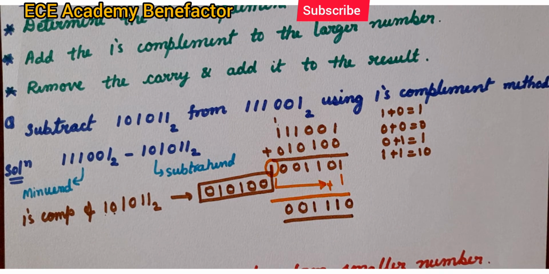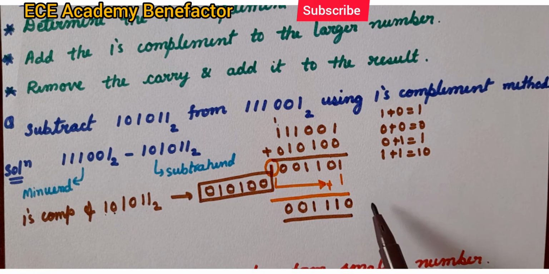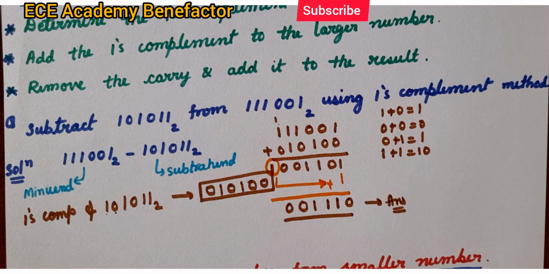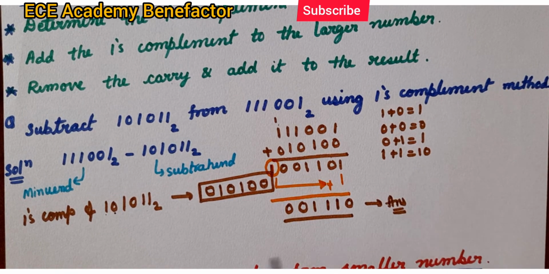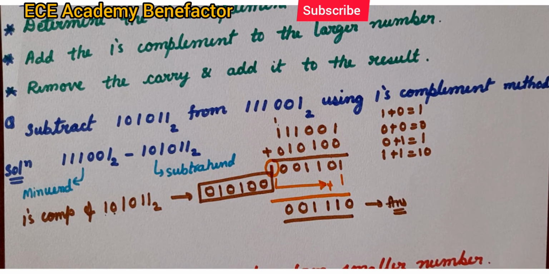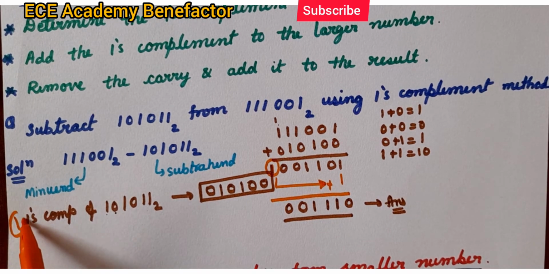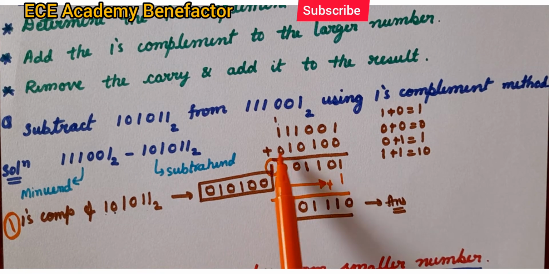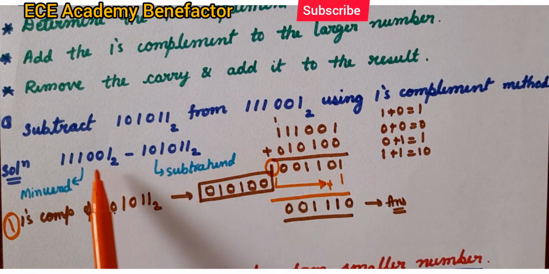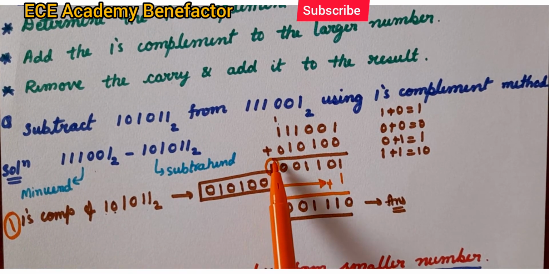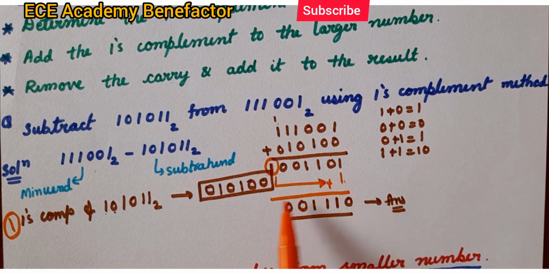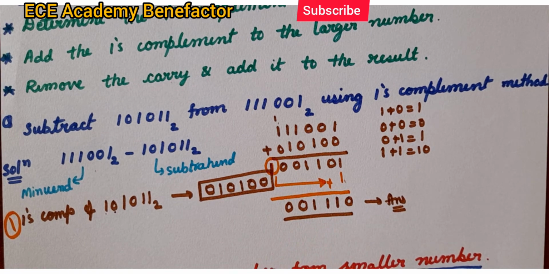So, what you have done? This is the final answer. So, what is the first step? The first step is to find the ones complement of the subtrahend and then add this ones complement to the minuend, and when a carry is generated, add that carry to the result to get the final answer.